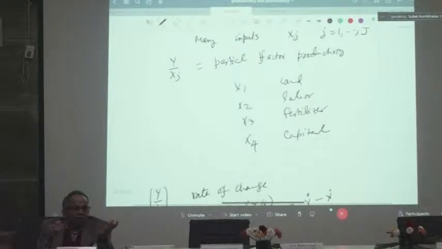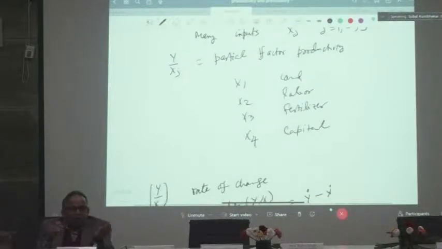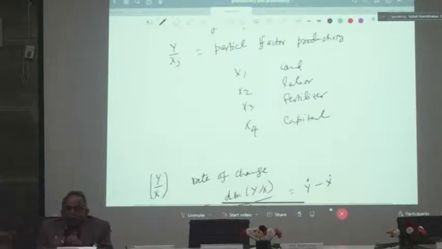Now, is it easy to compare one farm with another farm with four measures of productivity? Farm A may be more productive in terms of labor, but less productive in terms of capital. So how do you compare whether farm A is more productive than farm B? You have four measures, right?